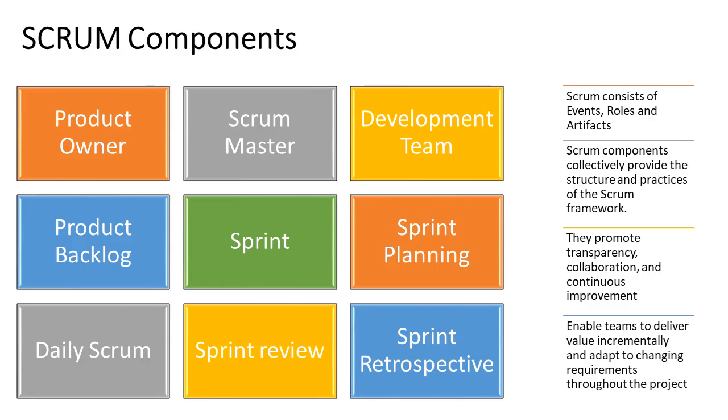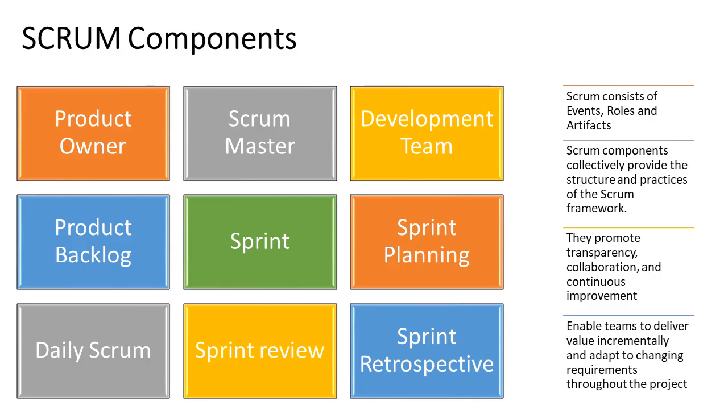These include sprint planning, where the team sets sprint goals and tasks, daily stand ups, quick meetings to discuss progress and issues, sprint reviews, where the team showcases completed work, and retrospectives, where the team reflects on performance and seeks improvement areas.